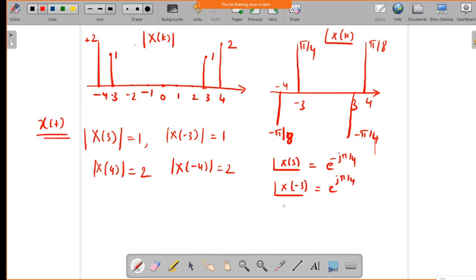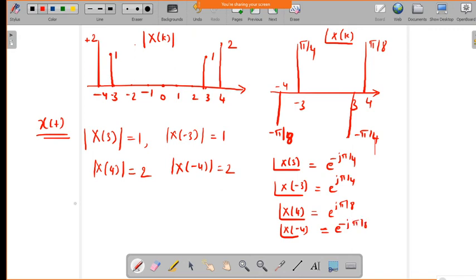Okay, so or we can write X of 3 as equal to 1 at an angle of pi by 4, and X of minus 3 as 1 at an angle of minus pi by 4, like that. That also we can write, and X of 4 will be equal to e power j pi by 8, and similarly X of minus 4 we can write as e power minus j pi by 8.